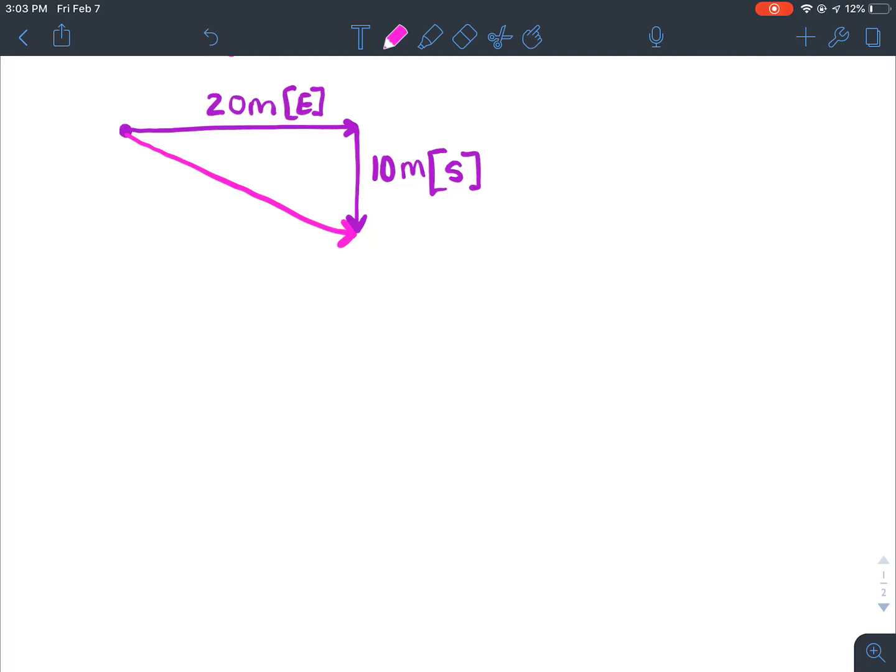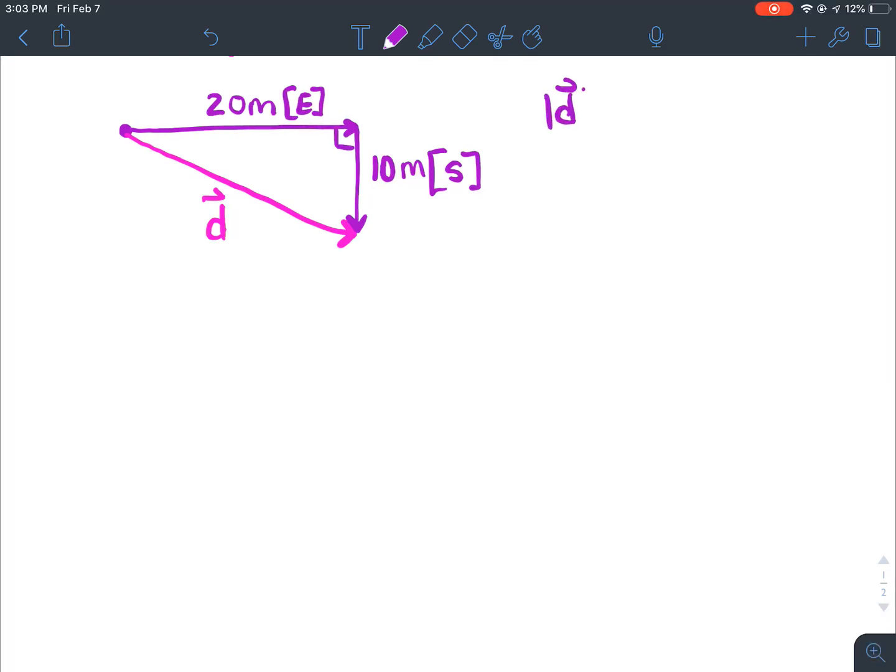To figure it out, we use trigonometry, because we're finding the magnitude of that vector. Let's call this vector D for displacement. We're going to find the length of that side. Since it's a right angle triangle, we can just use the Pythagorean theorem.